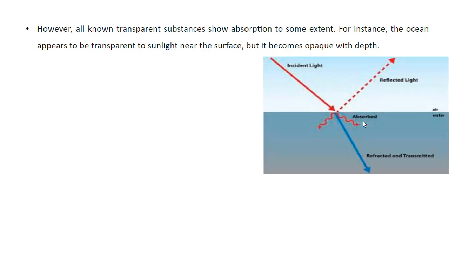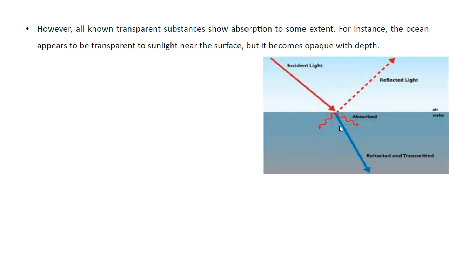Here we are talking about the absorption of that light. As this says, the ocean appears to be transparent to sunlight near the surface, but it becomes opaque with depth. This happens because the top layer or surface of the ocean absorbs some fractional amount of light.